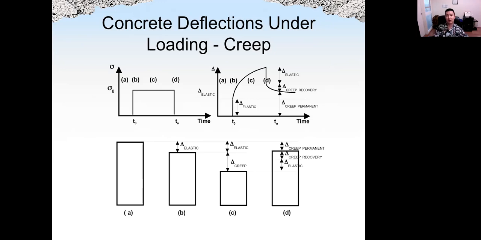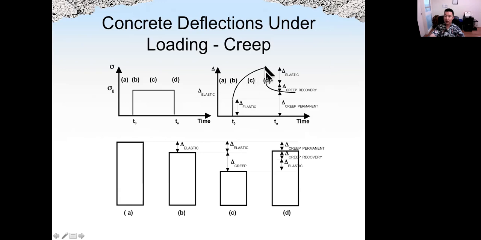Here we talk about concrete deflection under loading. At T1, we apply the load, and at T2, we remove the load. We know concrete is a so-called viscoelastic material, so it has both an elastic component and a viscous component. As we can see here, if we apply the load, part of the response is elastic, and the other part increases over time.